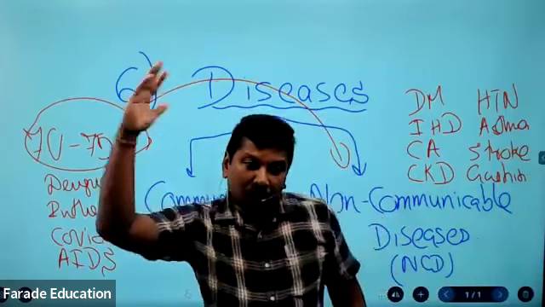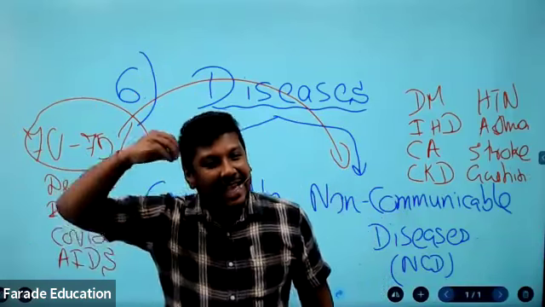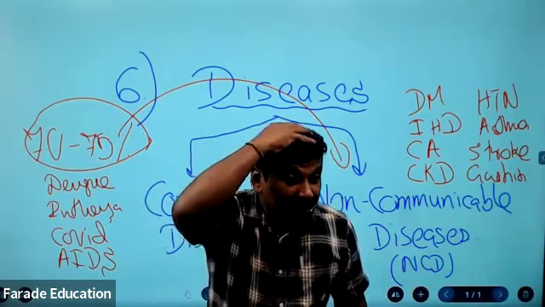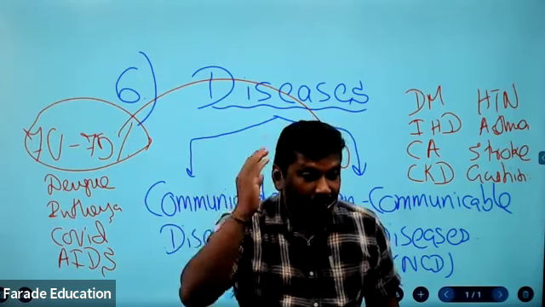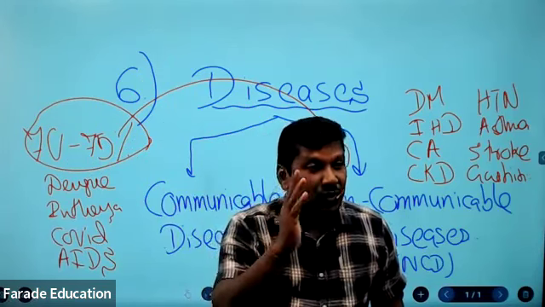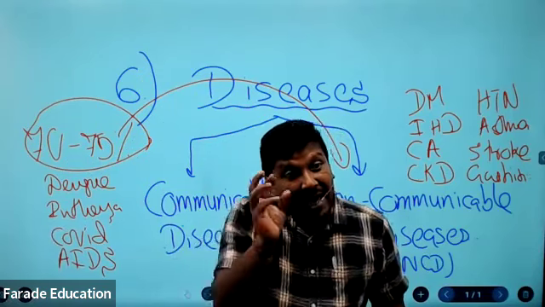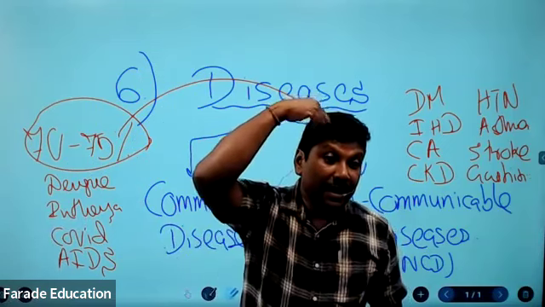What do you mean by stroke? In stroke, what happens? The same thing happens to an artery which supplies the brain. So brain also needs oxygen and glucose. So if some blockage happens in an artery which supplies the brain, then part of the brain is affected.